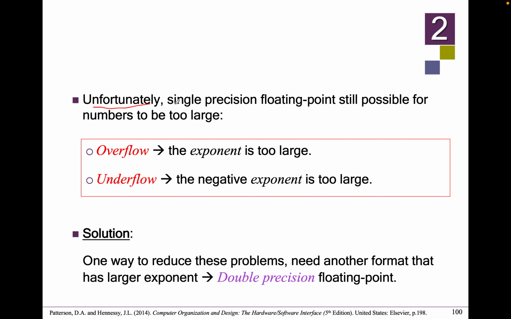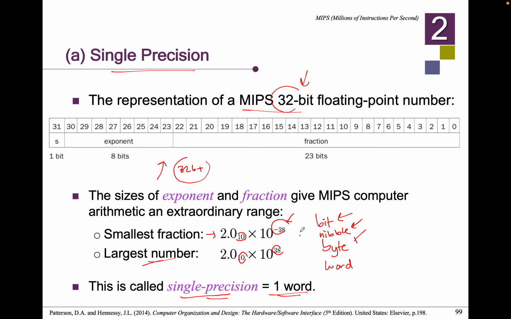Unfortunately, if you are using single precision floating point, the 32-bit MIPS, you still have the possibility that the numbers in equations are too large to support. Let's say you are given a very big number or a very small number, and it cannot fit inside this range.